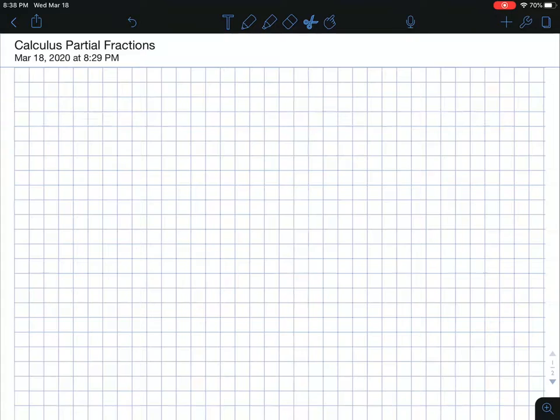So, we're looking to factor some of these, and by doing so with these partial fractions, we make it able to integrate.